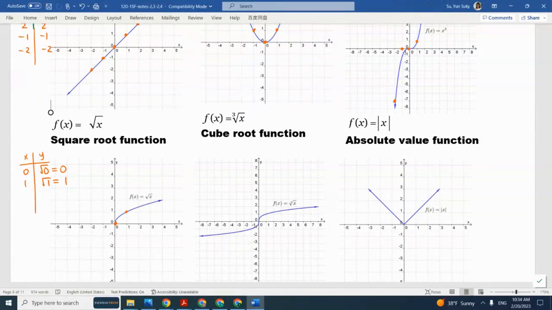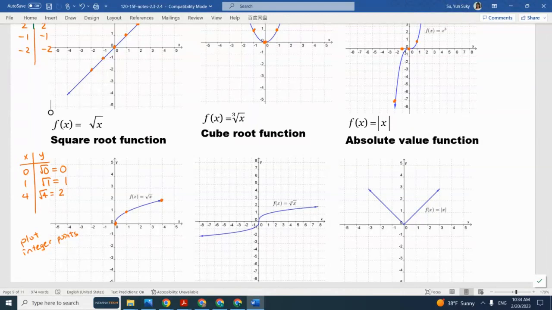Square root of 2 is not an integer, right? 1.414 something. What is the next x value you plug in where you can get an integer? 4, right? So when you plot points, please plot integer points. Square root of 4 is 2. So good. You can draw the graph.